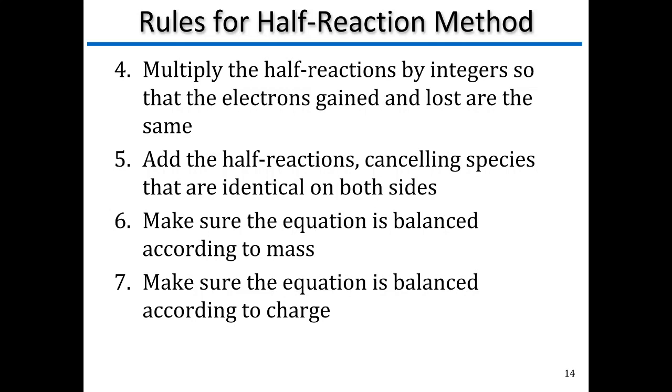Then you'll add the half reactions, canceling species that are identical on both sides. So if it's on both sides of the arrow still, you can cancel it out. Then make sure the equation is balanced according to mass. That's very important. It has to still abide by conservation of mass. Then make sure the equation is balanced according to charge. And I'll give you a second.